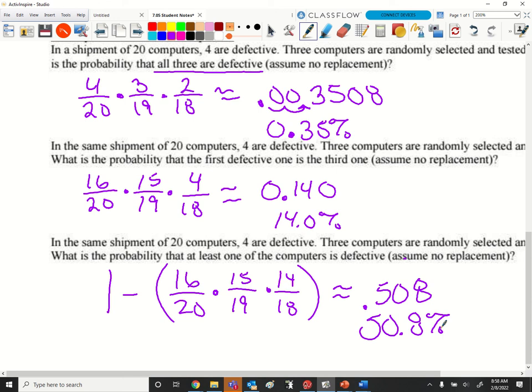Not bad? Okay. So, I'm hoping you guys actually feel pretty good about this. The biggest issue that we might have is going to be deciding if it is replacement or not replacement.